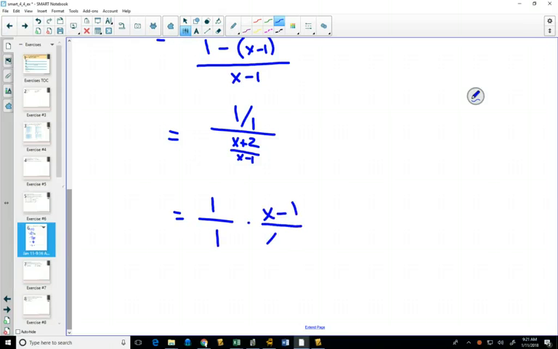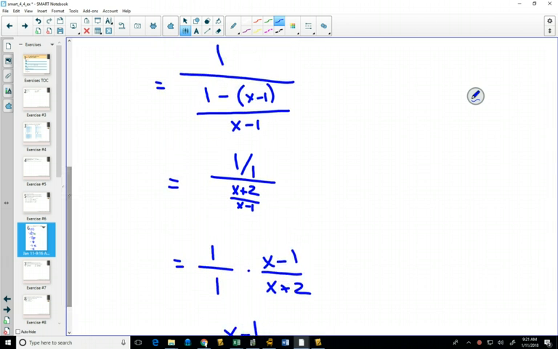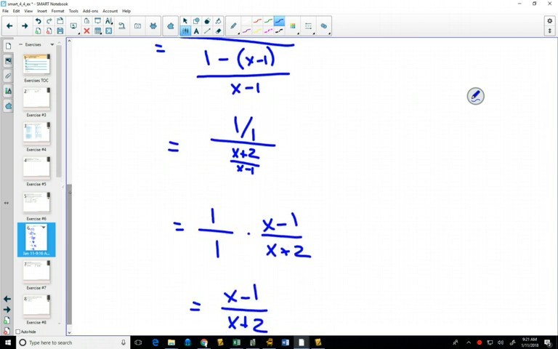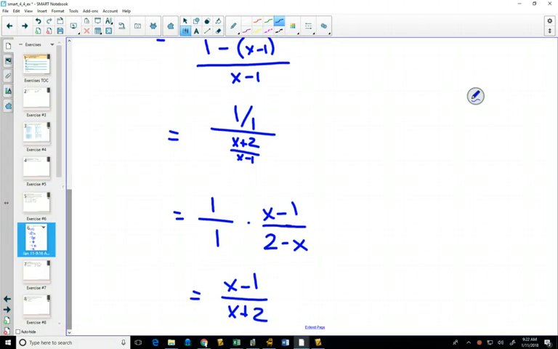Multiply by the reciprocal. And so when we simplify this, we get x minus 1 over x plus 2. Yes? Oh yeah, 2 minus x, thank you. That minus sign. And 2 minus x.